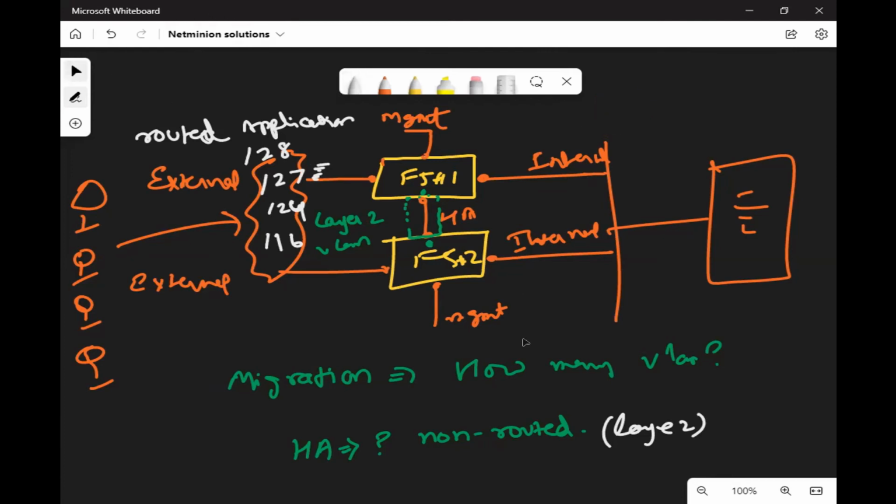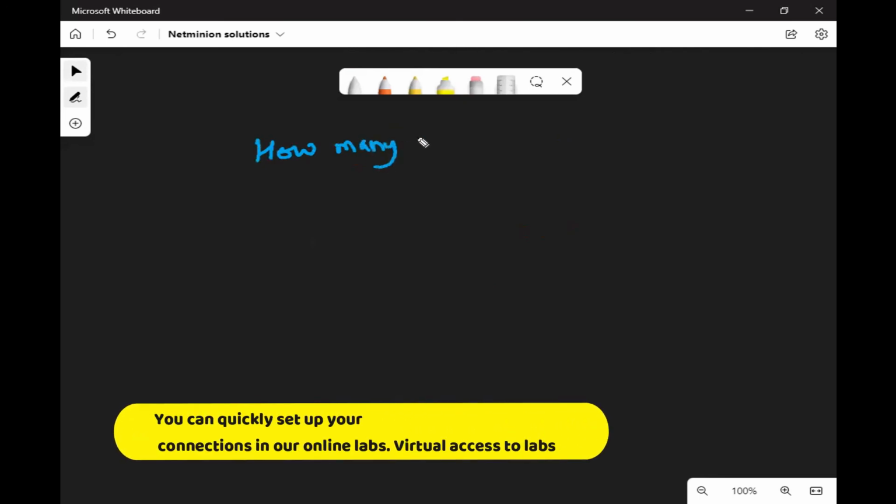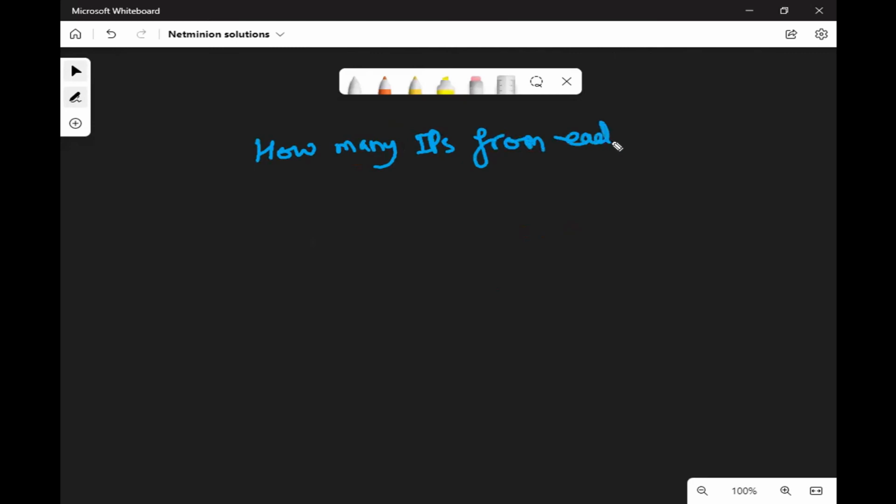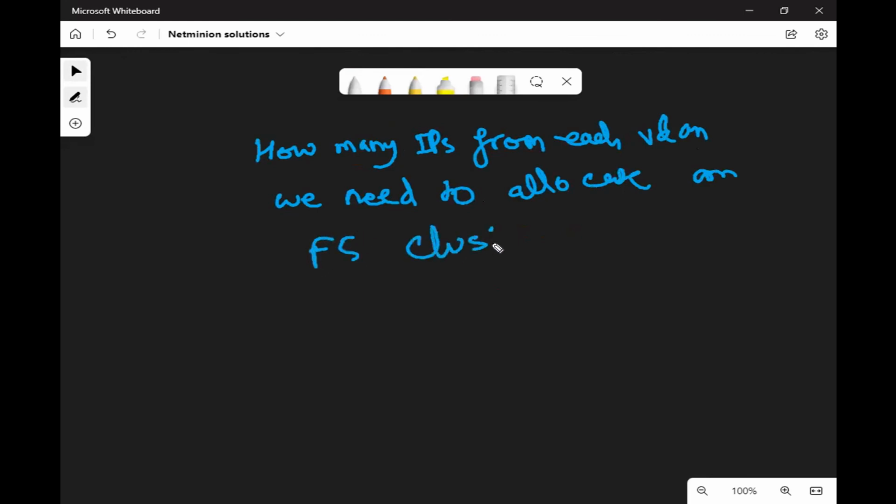Now my question to you: how many IPs from each VLAN do we need to allocate on the F5 cluster?